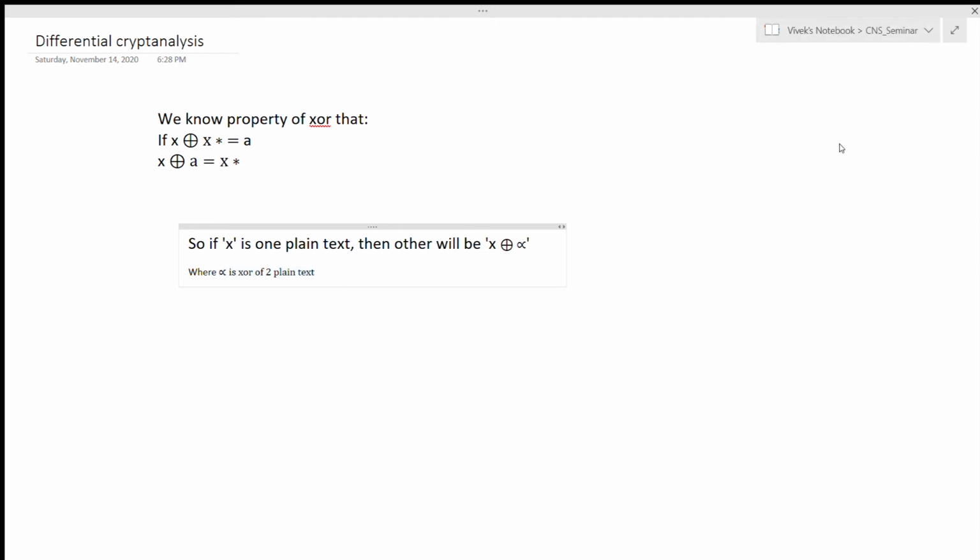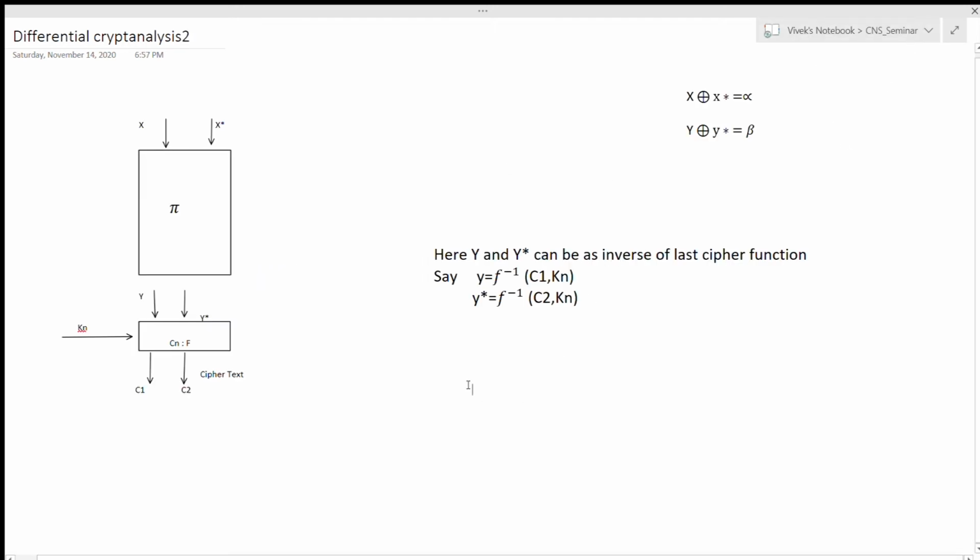Now we proceed to how we can generate the key for this differential cryptanalysis. As we have discussed, x and x star are the two inputs and c1 and c2 are the outputs or the ciphertexts of this system. We know that x XOR x star is alpha and y XOR y star is beta.